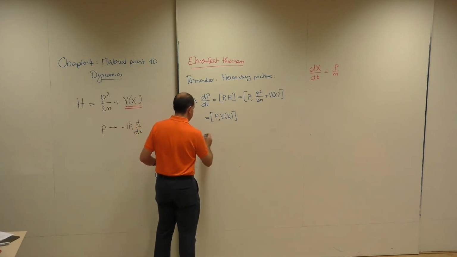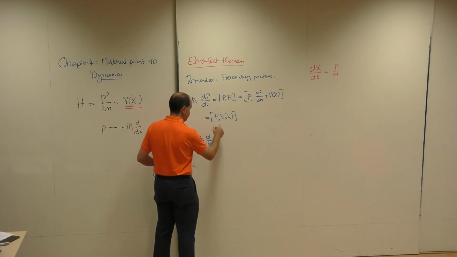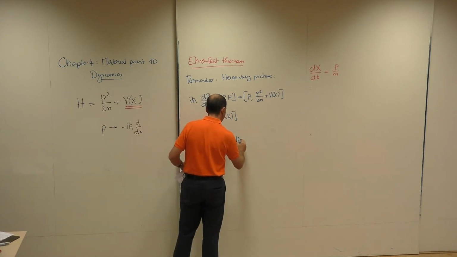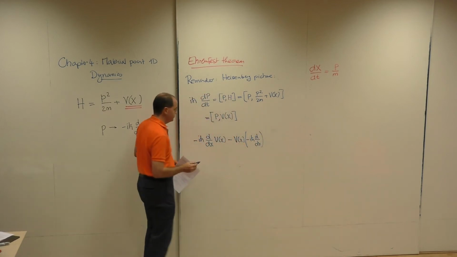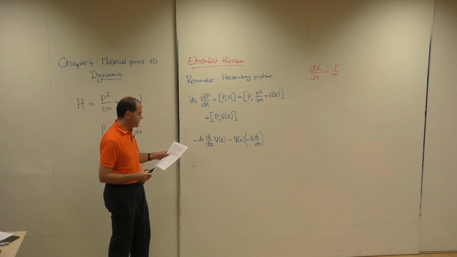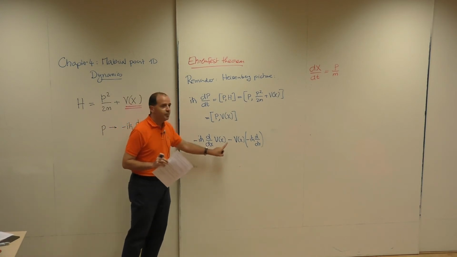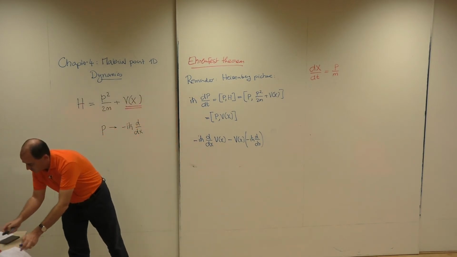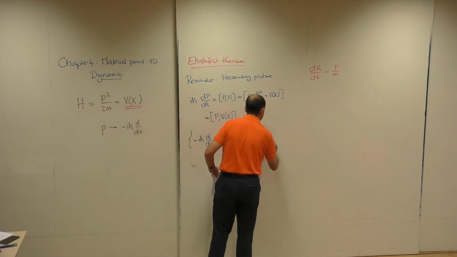What is p? So this commutator is minus iħ d/dx, acting on V of x, and then minus V of x times minus iħ d/dx. That is this commutator. And now, before we make a silly mistake, let's remember that this is an operator, so it's supposed to act on a function. This is interesting to see.